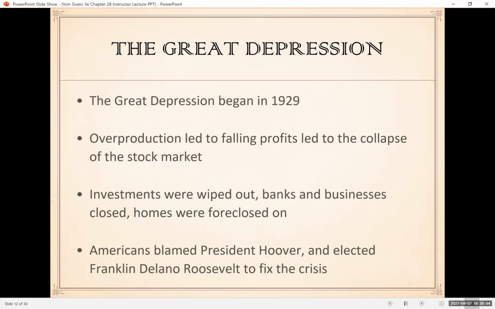So sure, in fact, and there were not regulations against this, that people were allowed to buy on what was called a margin. In other words, if you wanted to buy $100 worth of stock, the person selling you the stock would basically let you put down 10%, $10 to control $100 worth of stock.